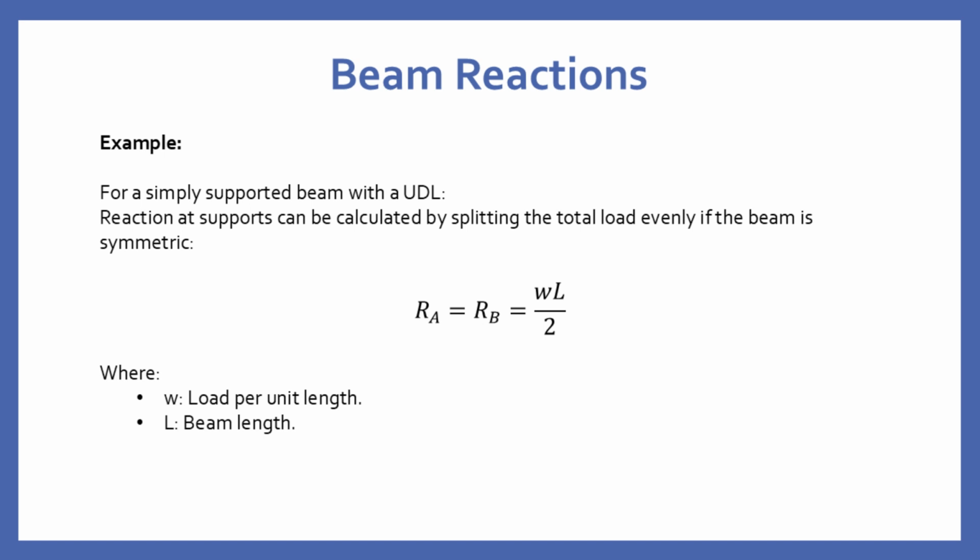Think of it like two friends sharing the weight of a long box. If they're standing at equal distances from the ends and the box has uniform weight, they'll each carry exactly half the load. This principle makes initial calculations much more manageable and provides a solid foundation for more complex analyses.